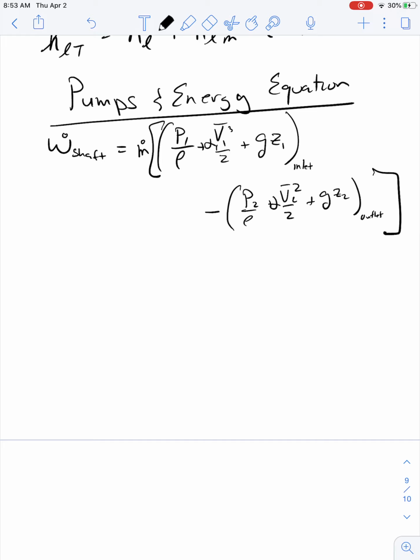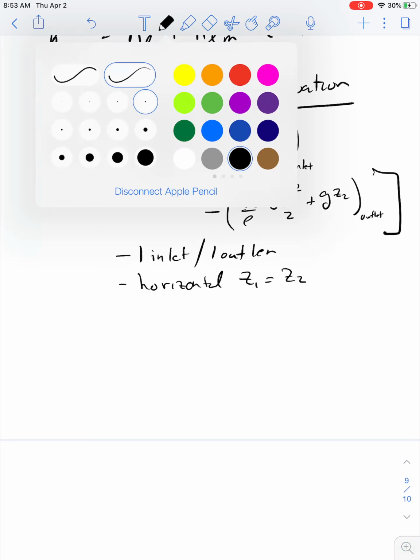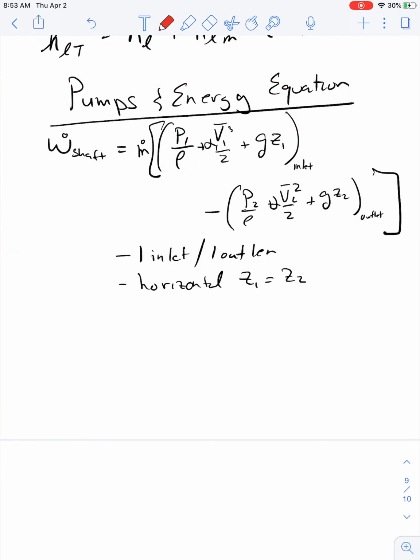This is our basic equation. If we have one inlet and one outlet, and it's horizontal, then Z1 and Z2 are equal, so the inlet and outlet are at the same height, and these cancel out.